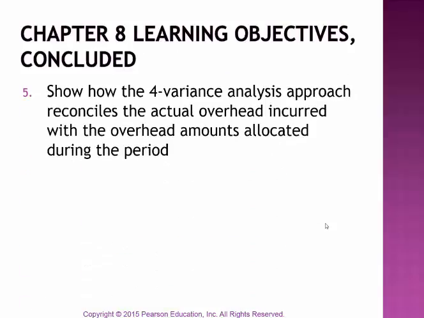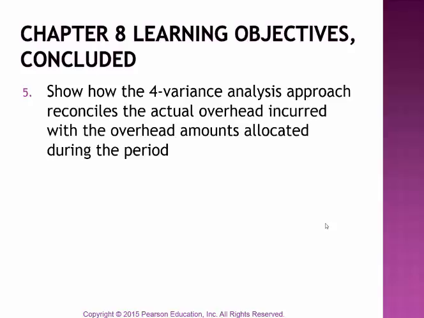We will show how the four variance analysis approach reconciles the actual overhead incurred with the overhead amounts allocated during the period. So again, think of the fact that our overhead gets allocated in.